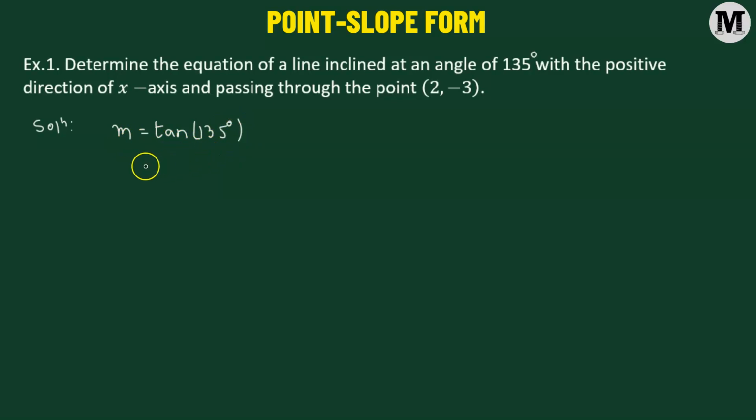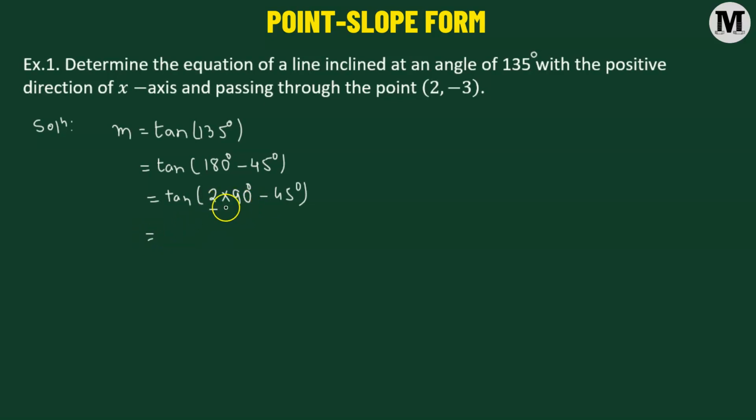Now, how do we obtain the value of tangent 135 degrees? The simplest way would be to write 180 degrees minus 45 degrees. Now, we can rewrite the angle 180 degrees as a multiple of 90 degrees, 2 times 90 degrees, minus 45 degrees. There's a reason why we're writing it in this fashion, because here we have an even multiple of 90 degrees.